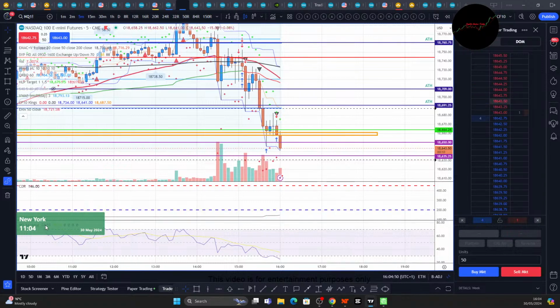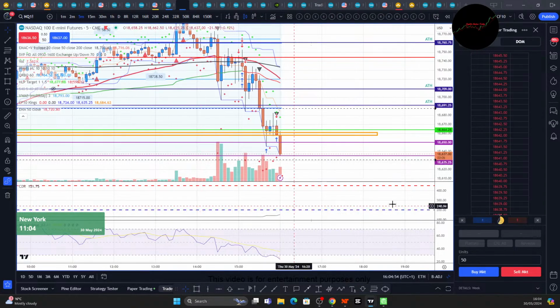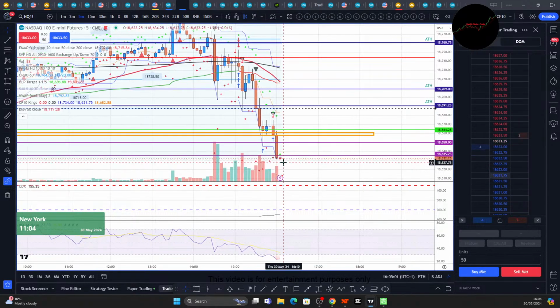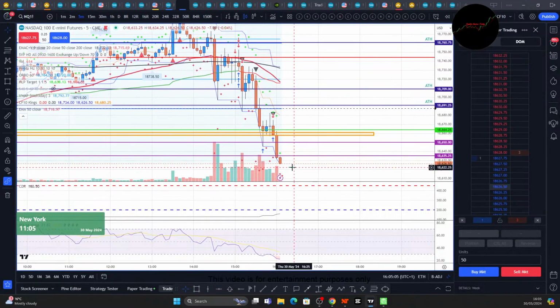It's just after 11 a.m. Oh wow, it's just taken the entire range. And it seems like my original target would have been hit. There we are. 31 would have been hit.